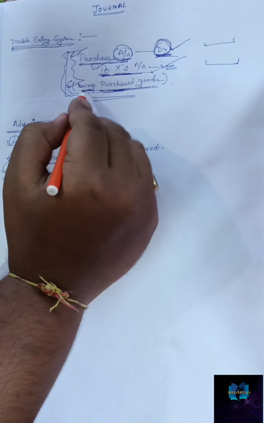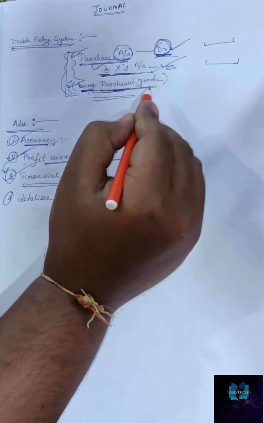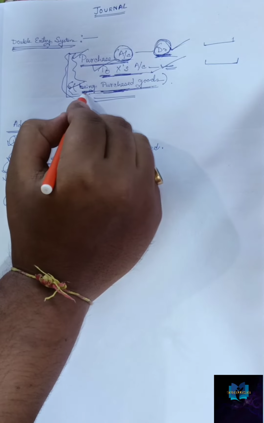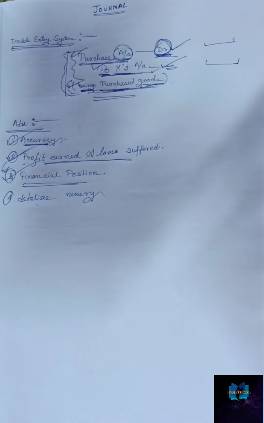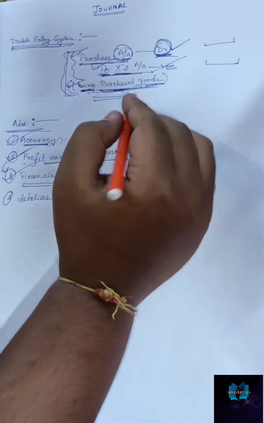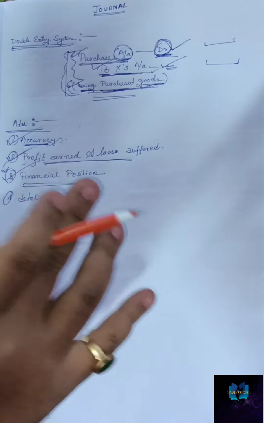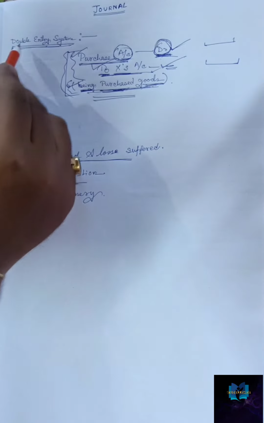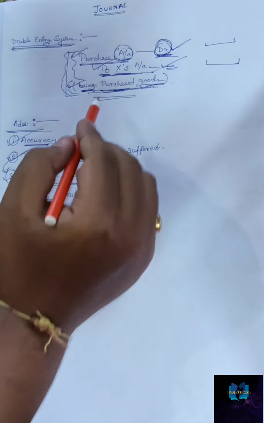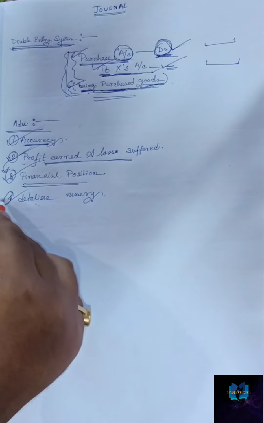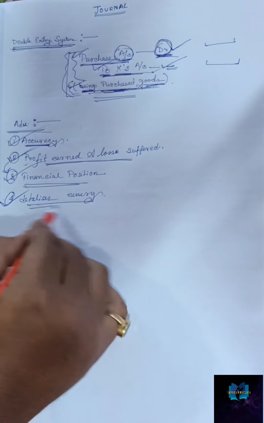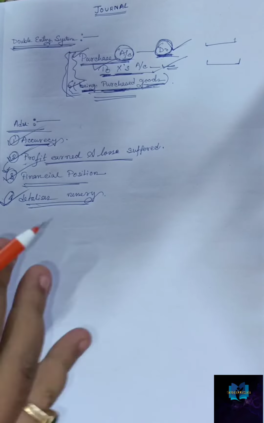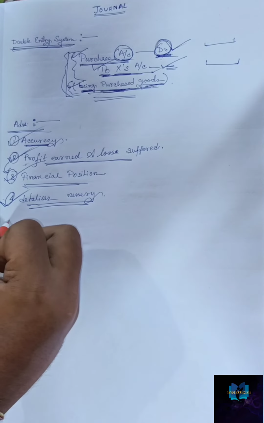So what are we purchasing? By reading the narration, we learn that we are purchasing goods, some kind of goods. So it gives us the detail of the journal. In the double entry system we give narration, so that is why the double entry system is important. The advantage of the double entry system is that it is detailed, because it is giving the details of the journal.